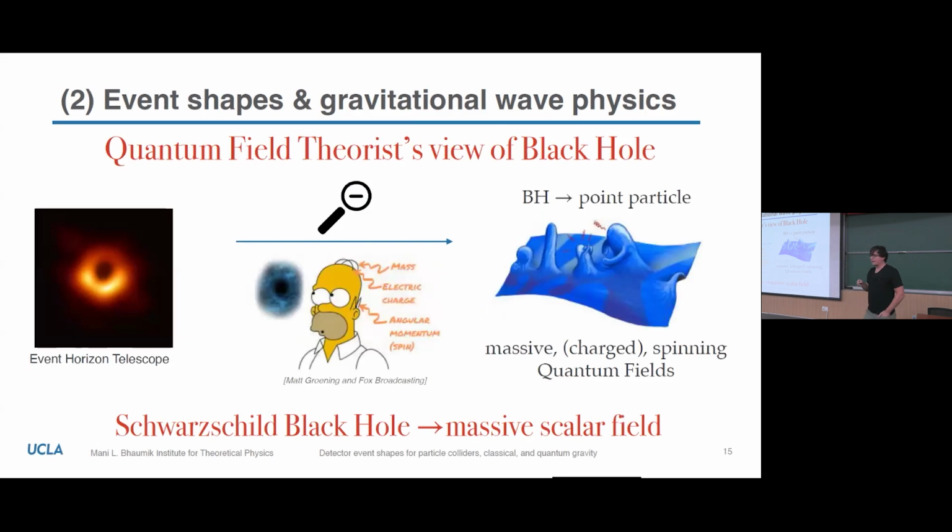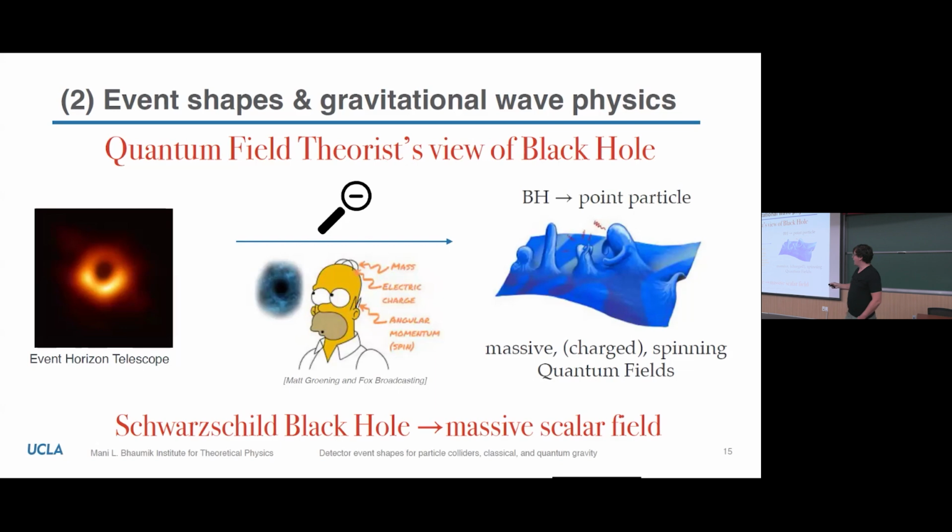We've heard in this conference multiple talks on how we can use scattering amplitudes tools to make predictions for classical two-body problems. The underlying reason why this is working is effective field theory, and the quantum field theorist's point of view on classical black hole inspiral or scattering problems is that we can take our lens of EFT and zoom out.